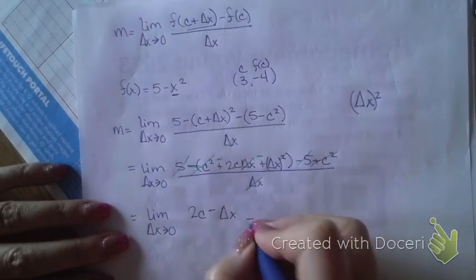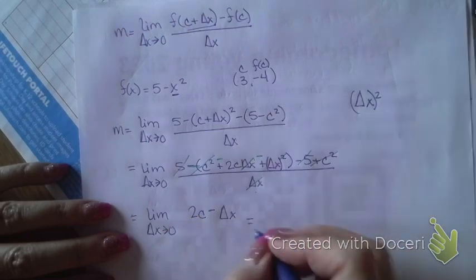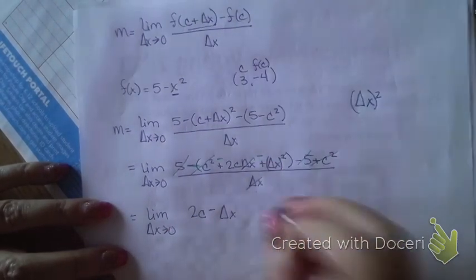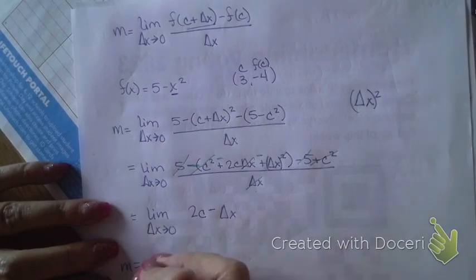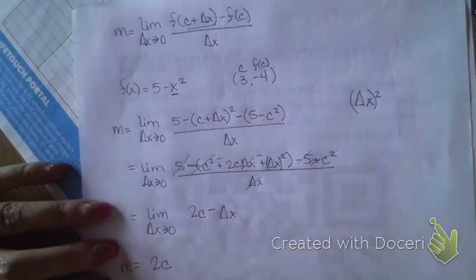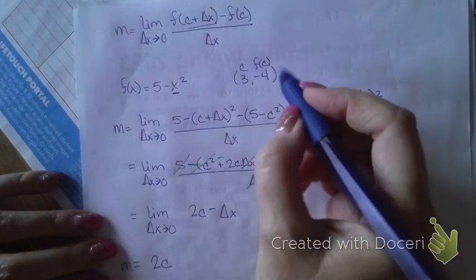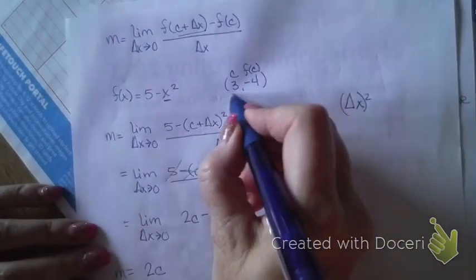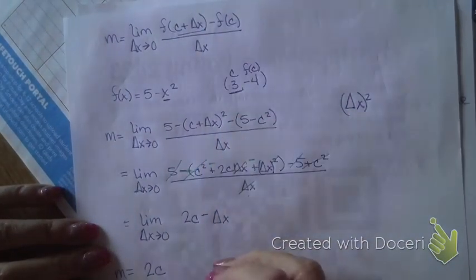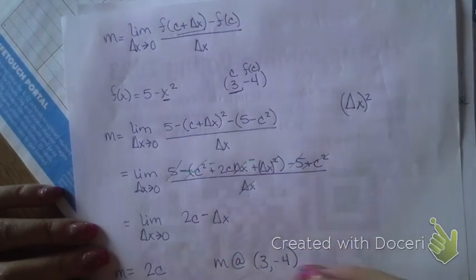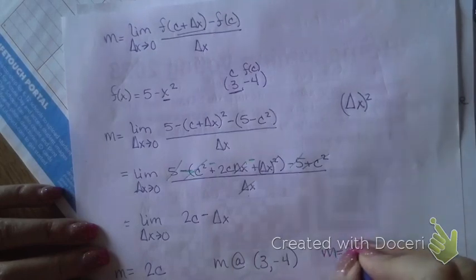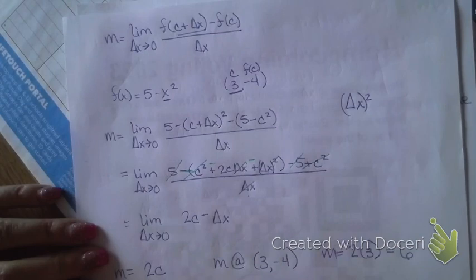So m equals 2c, which would be 6. And so then we plug in the 3. So m at 3, negative 4 would equal 2 times 3, which would be 6.